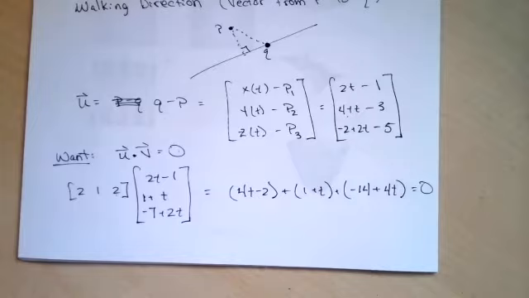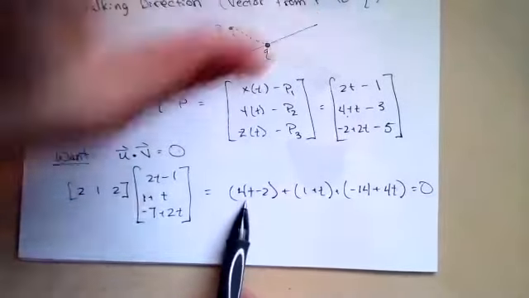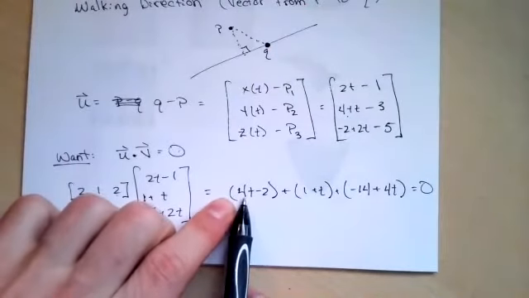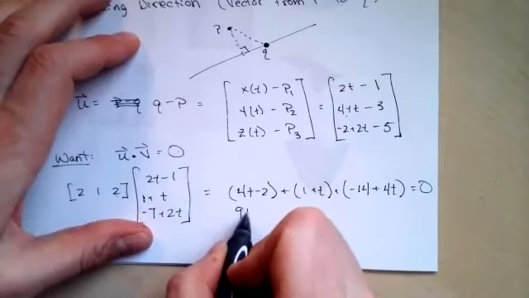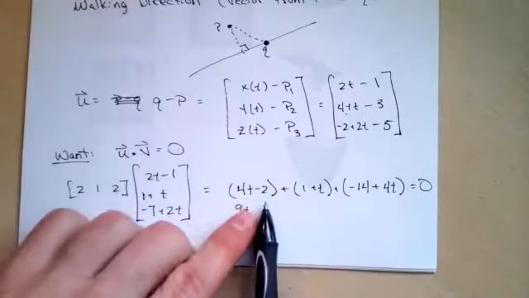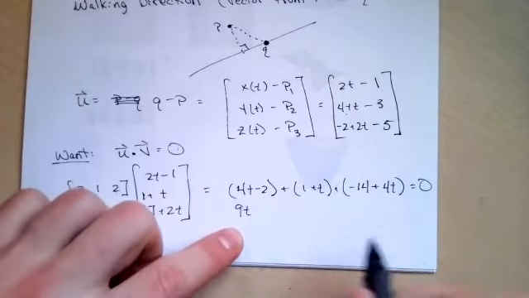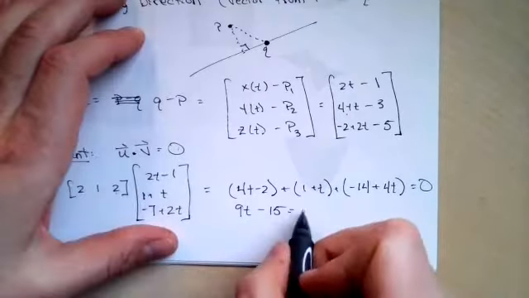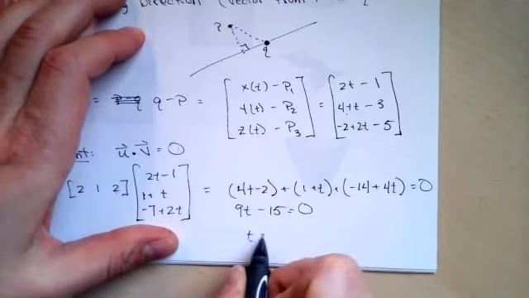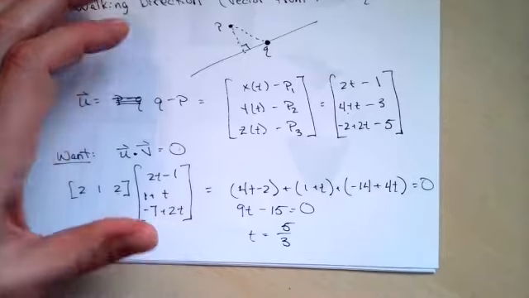We need that to be 0. Let's see if we've got enough space here to solve this. So it's just a linear equation. How many factors of t do we have? We've got 4t, t, and 4t. So we've got 9t. And then our constant, minus 2 plus 1 is minus 1. Minus 14 gives us minus 15. And so our t, 15 over 9, is 5/3.